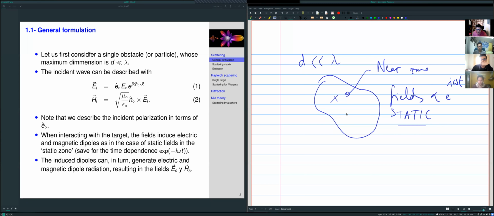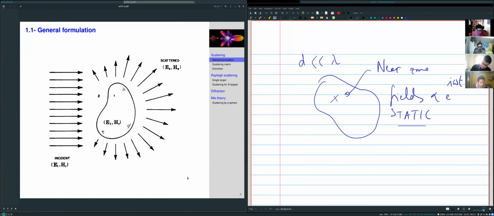Okay, and so these induced moments are going to be responsible for the scattered field. So this is what I'm trying to summarize here. The induced dipole can in turn generate electric and magnetic dipole radiation, resulting in the scattered terms. So this is what we're looking at now.